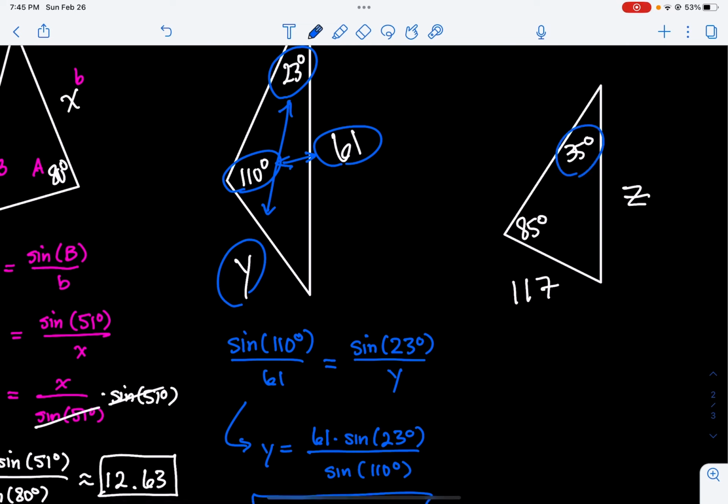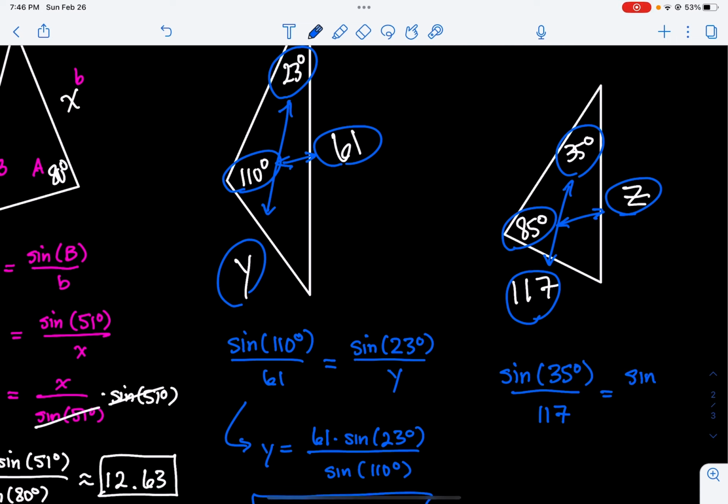And we also have these two sides paired together. So we have sine of 35 degrees over 117. That should be equal to this angle paired with this side, so sine of 85 degrees over z.